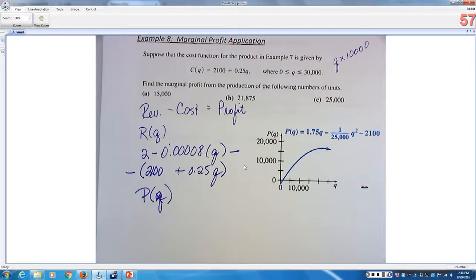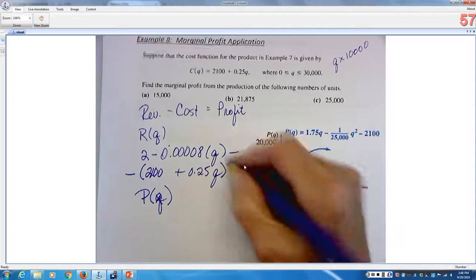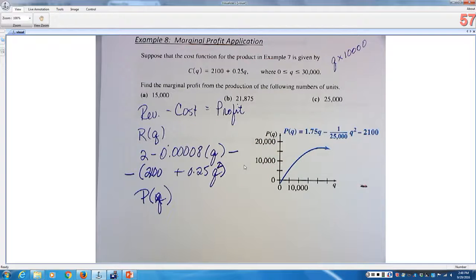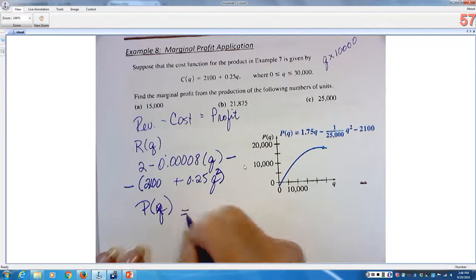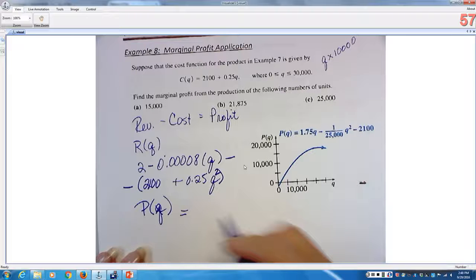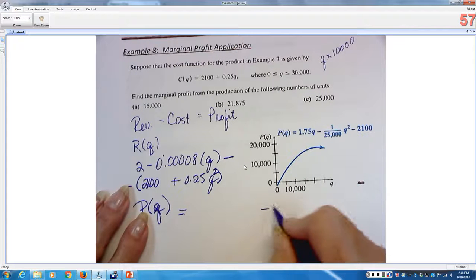What did they do with the 2? Oh, that's supposed to be Q squared. Sorry, I know what they did now. My bad. Your profit equation turns out to be, and that 2,100 is going to be negative at the end of it.